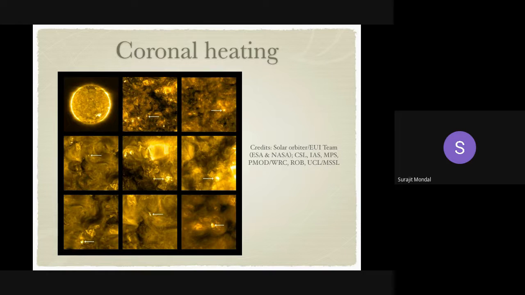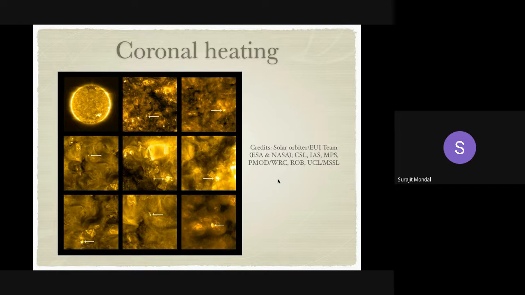The ecliptic plane is the plane in which the Earth is orbiting around the Sun. Now, it will image the Sun from very closely, and due to this, and also with advanced instruments, it could detect these phenomena called campfires.